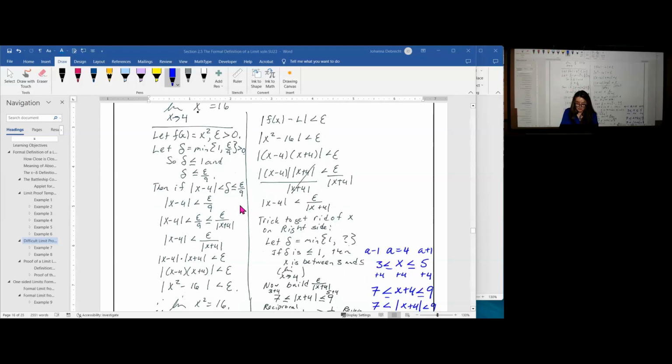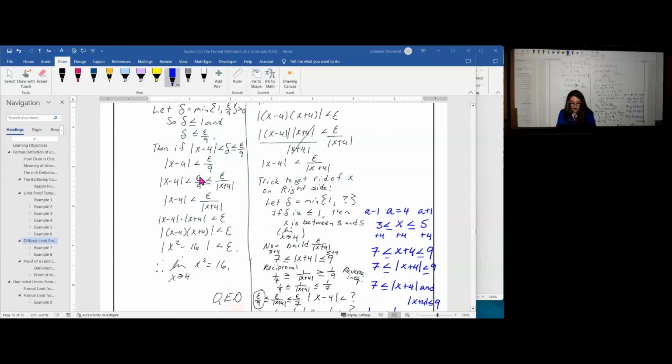Then if the absolute value of x minus 4 is less than delta, which is less than or equal to epsilon over 9, this makes the absolute value of x minus 4 strictly less than epsilon over 9. I know that epsilon over 9 is less than or equal to epsilon over x plus 4, which means that it has to be strictly greater than the absolute value of x minus 4.